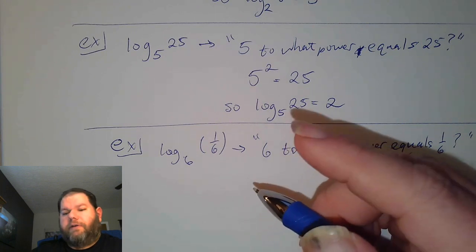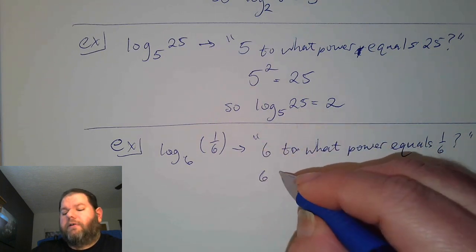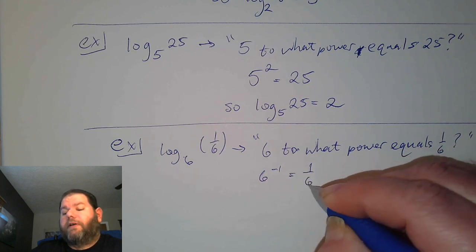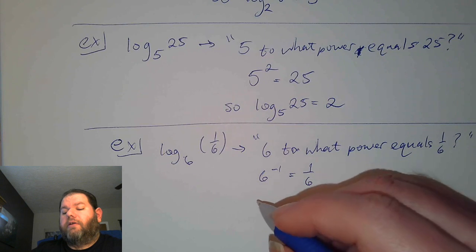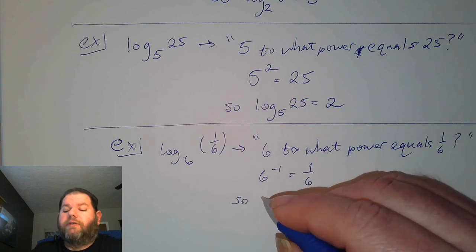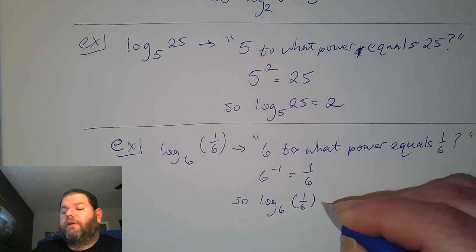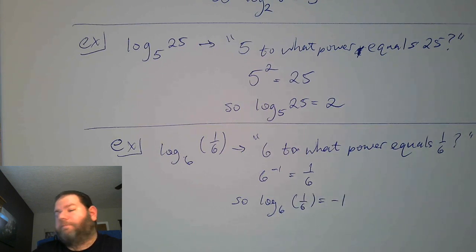This one's a little bit different, but turns out 6 to the negative 1 power is equal to 1 over 6. So our conclusion is log base 6 of 1 over 6 is equal to negative 1.